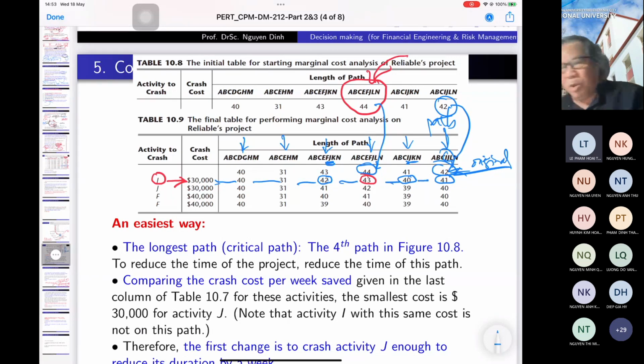Look at the second row, and you see the length of all the new paths. If the node J is reduced 1, all the other paths are no change. You understand?